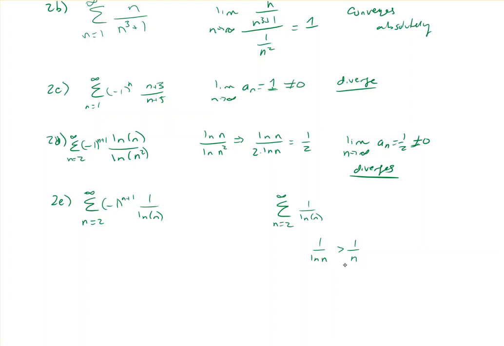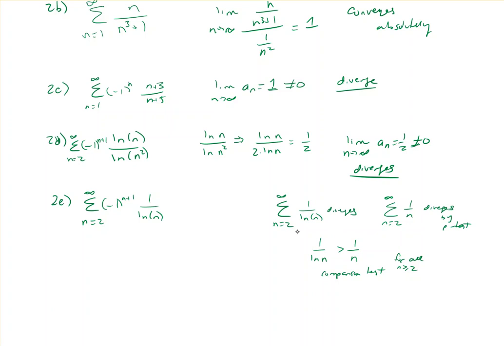So I'm going to use that comparison test. And this is true for all n greater than or equal to 2. Why do I care about 2? Because that's the number right here. So this is true. And therefore, because this diverges, and this guy's always bigger than that, he diverges too.